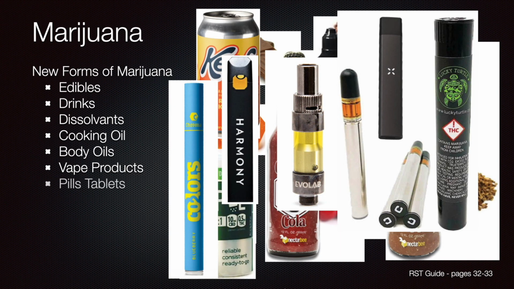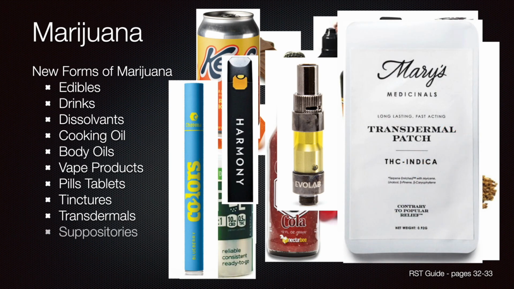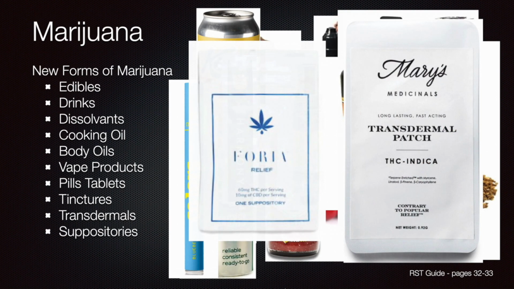Other things that we might have, pills and tablets, okay? That's kind of the new craze. They've got all kinds of those, and in the guide, it looks like I don't have a picture of the pills or tablets on there, but again, just something to be aware of. We also have tinctures, which are going to be the drops that somebody could put in their water.